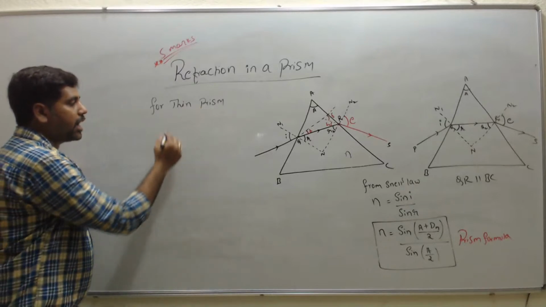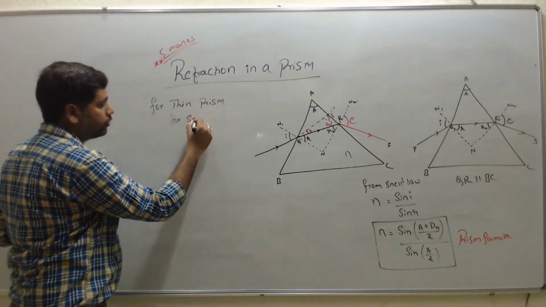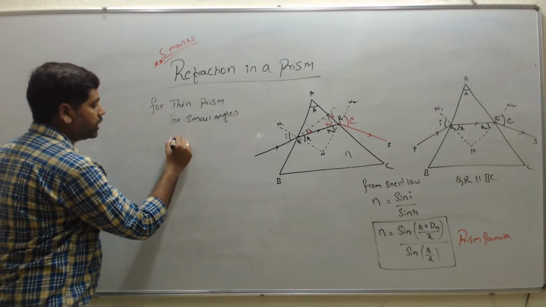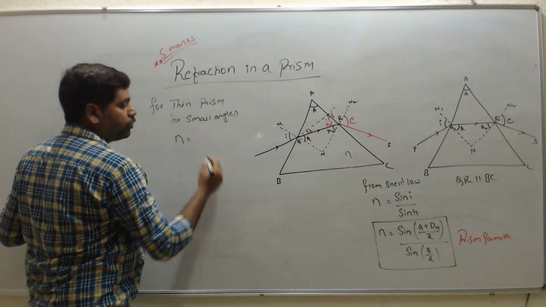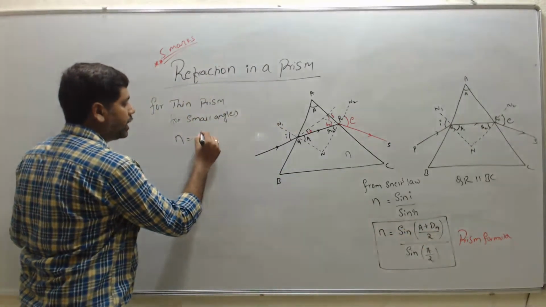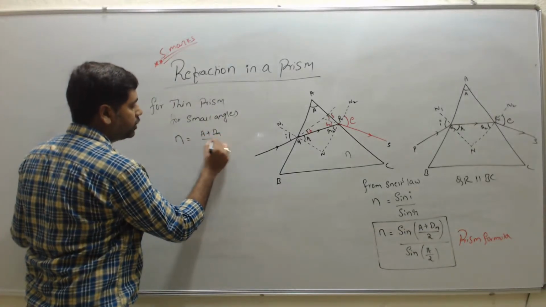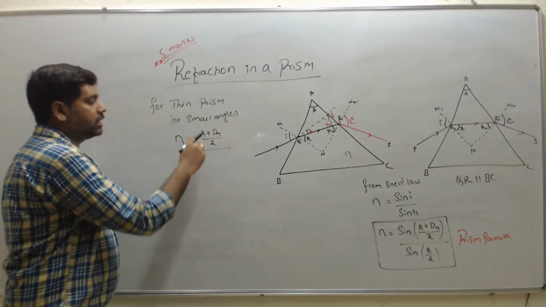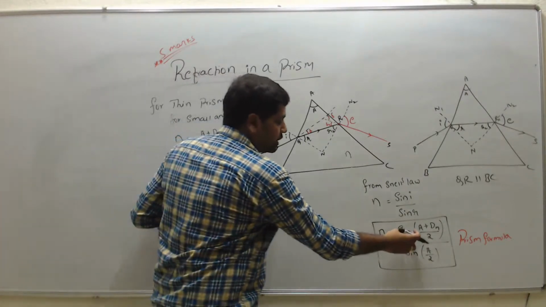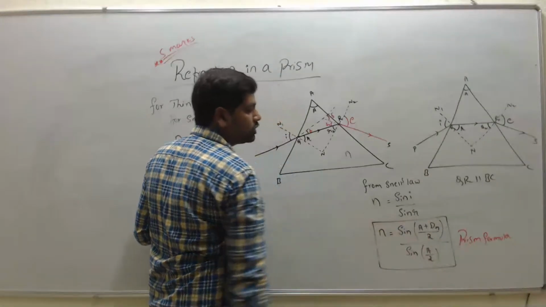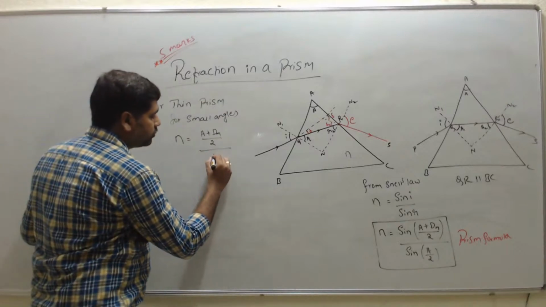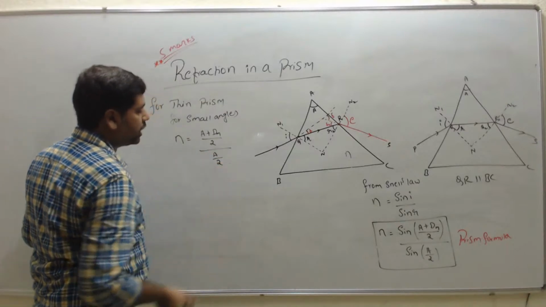Then for small angles, the prism formula becomes n is equal to sin of A plus dm by 2 whole divided by sin of A by 2, where sin theta is approximately equal to theta. Like that, we can write sin of A plus dm by 2 is approximately equal to A plus dm by 2, and in the denominator it becomes A divided by 2.